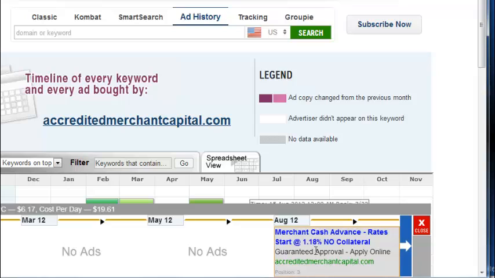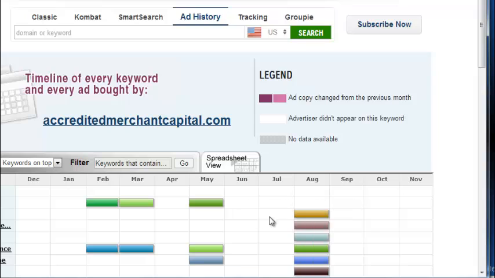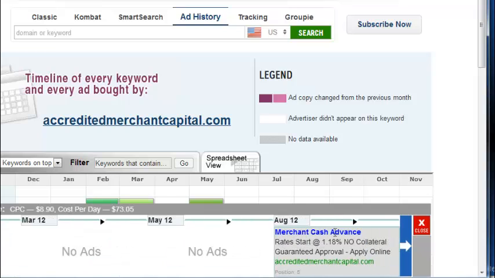This ad actually came in position number 3 on August 12th, and that was on the keyword no credit loan. Now let's take a look at bad loans, bad credit. That one came in number 5 out of 22. What ad was that? It was the same ad on a different keyword.